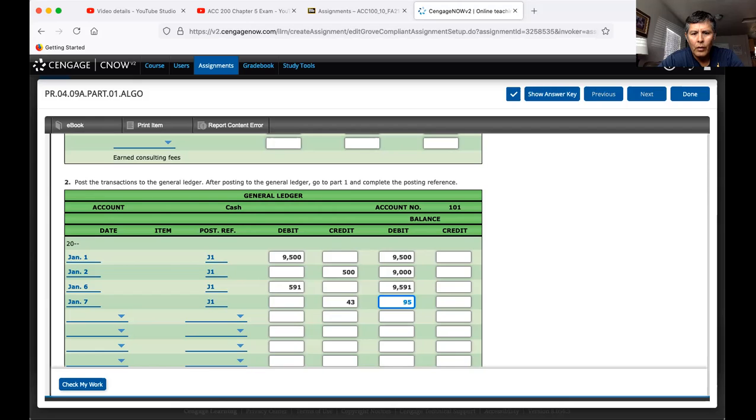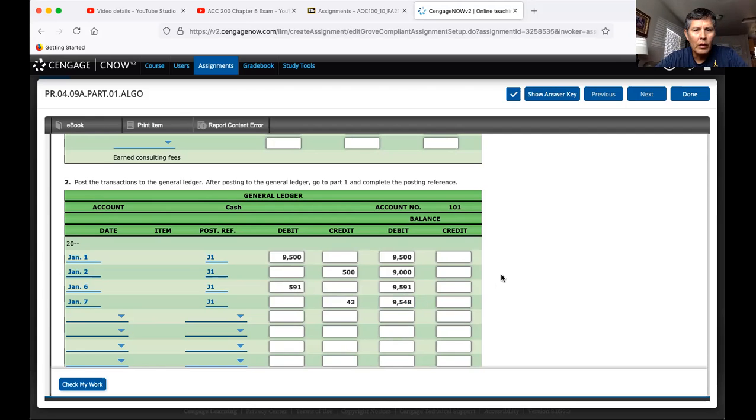Okay, let me get my calculator really quick. Just double check these numbers. Okay, so 9591 minus 43 gives us 9548. Okay, good. That's going to be our running balance.